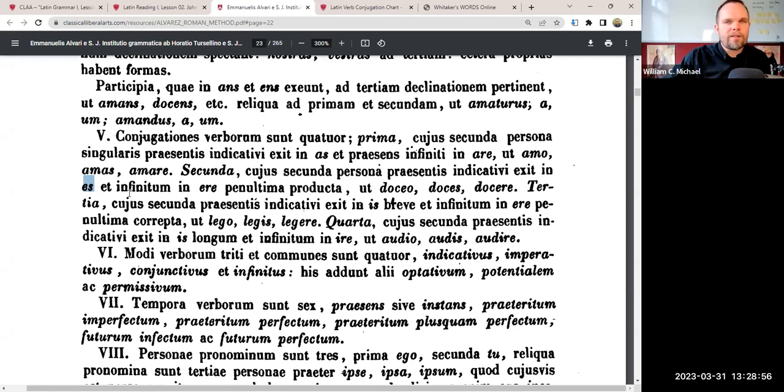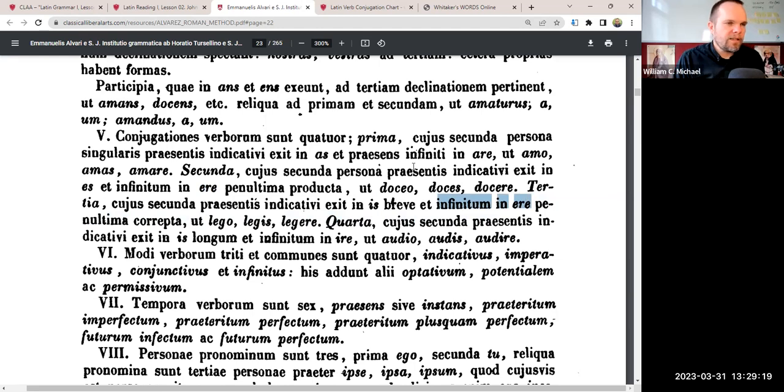The first conjugation ended in AS, the second in ES. And the infinitive is ERE. Now, this is going to get complicated because if we look at the third conjugation, we're going to see that the infinitive also ends in ERE.